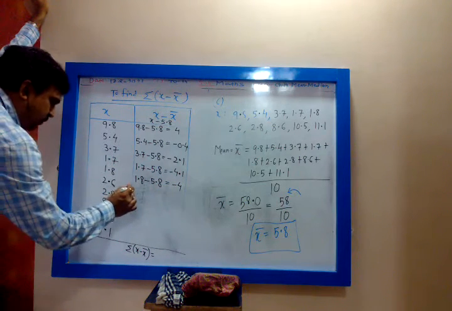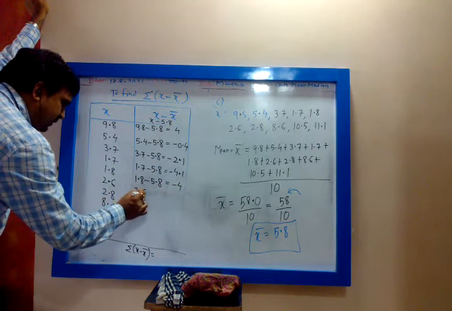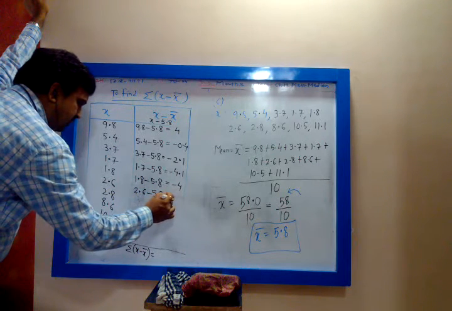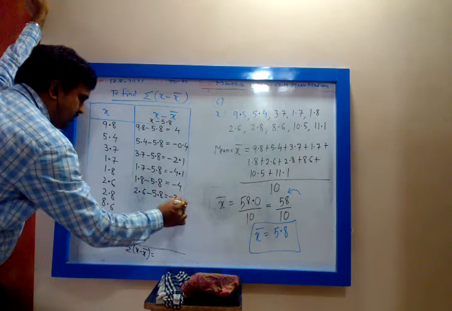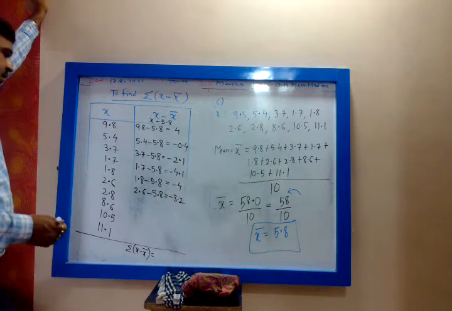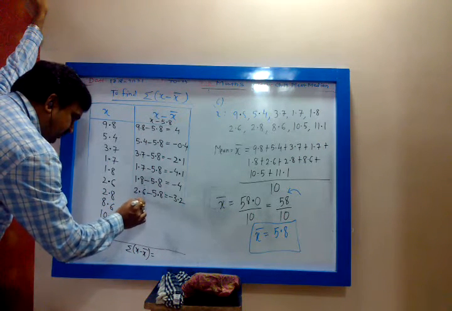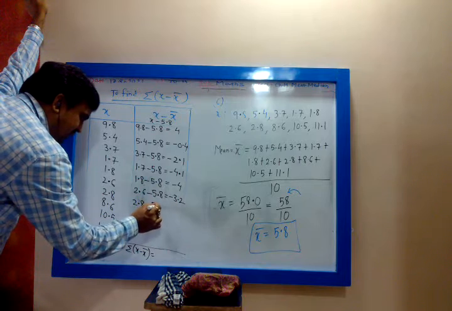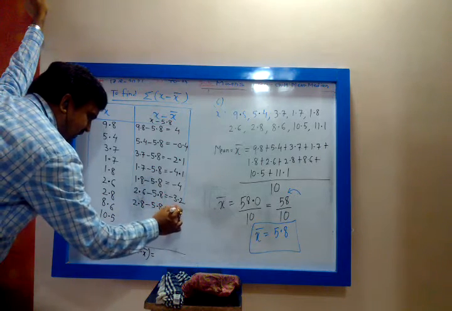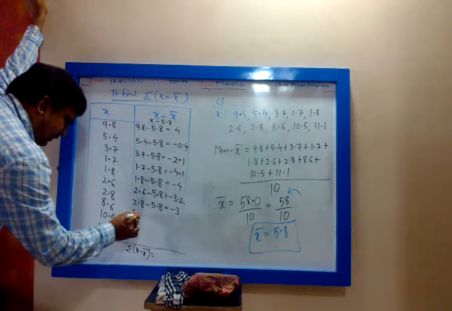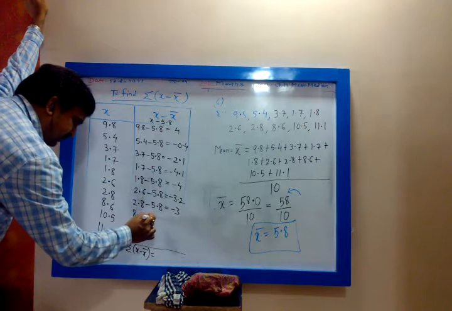Next 2.6 minus 5.8. Minus 3.2. Then 2.8 minus 5.8. The answer is minus 3. Then 8.6 minus 5.8.